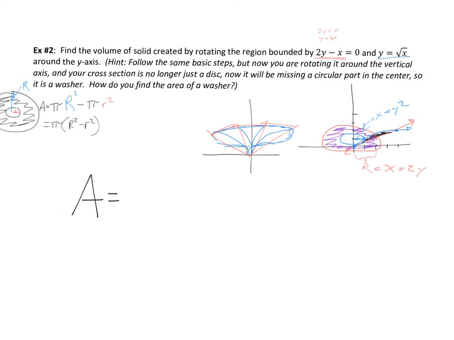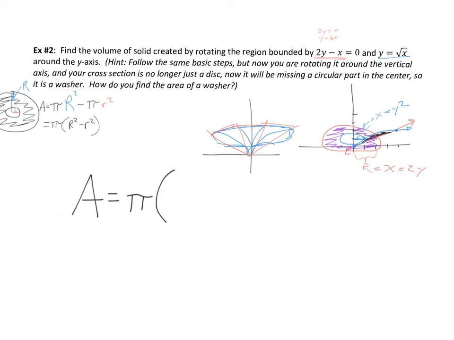It would be the area equals pi parentheses the big radius, which we said is capital R, and we said that's equal to 2y. We want it in terms of y again because our cross section is perpendicular to the y-axis.